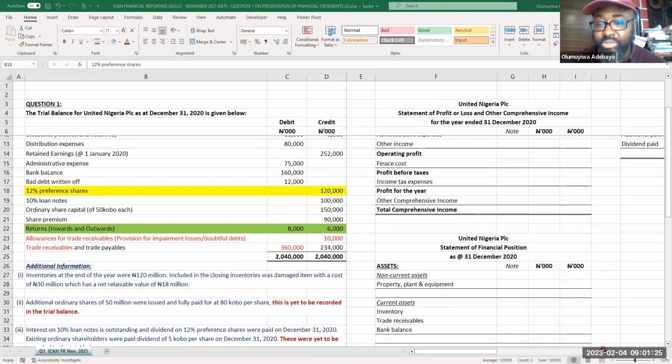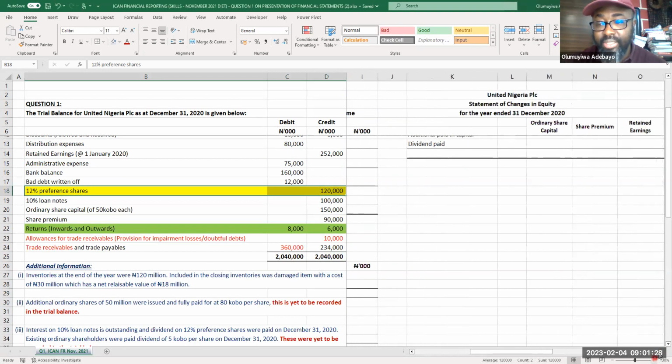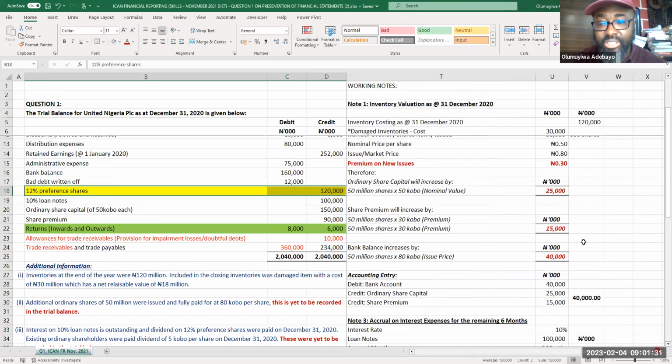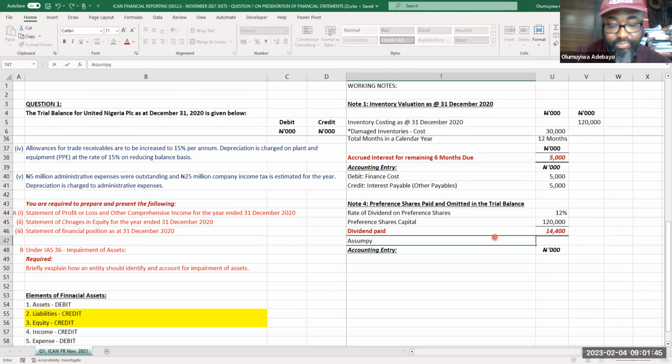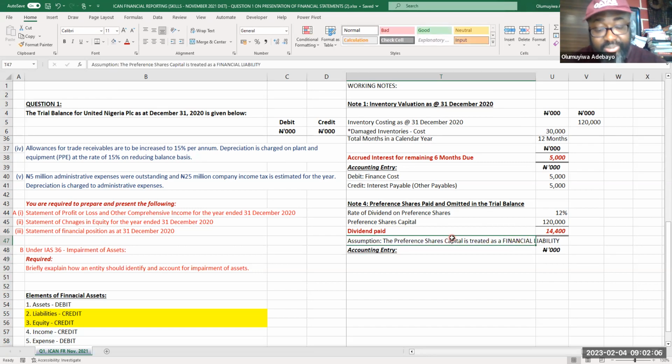I'm going to correct for that here, which means the first assumption, I make my assumption here. And what is the assumption? The assumption here: the preference share capital is treated as a financial liability. Therefore, that's my assumption. I'll put it in green.